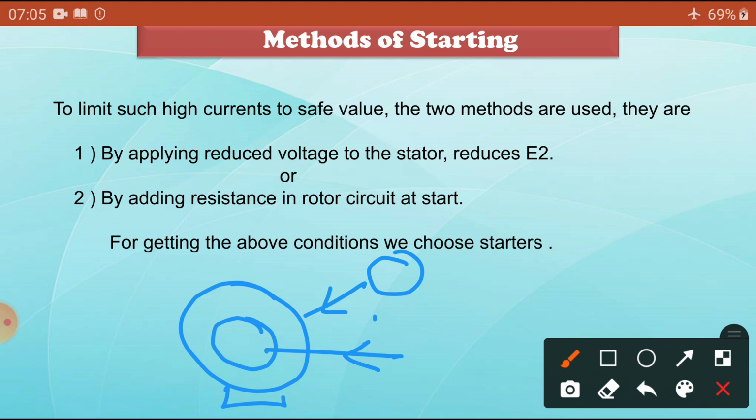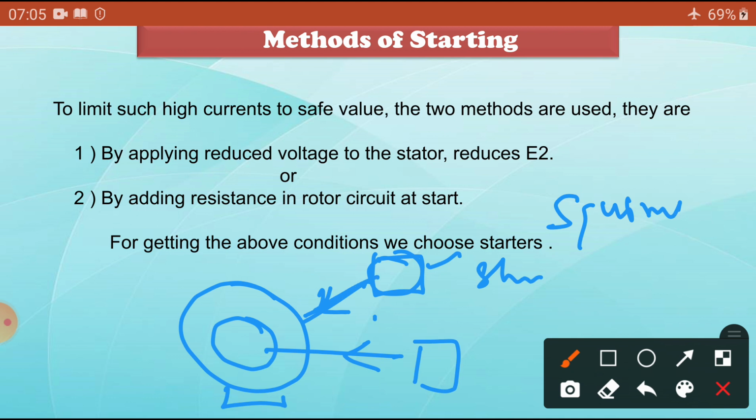In the case of the slip ring induction motor, we can use the stator side or rotor side, whereas for a squirrel cage rotor, we have to use the starter at the stator side only. These are the two methods we apply in the electrical field to operate our induction motor.